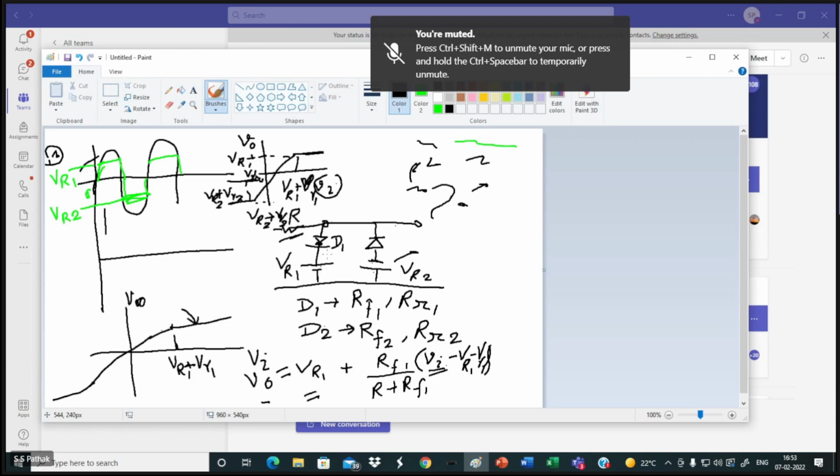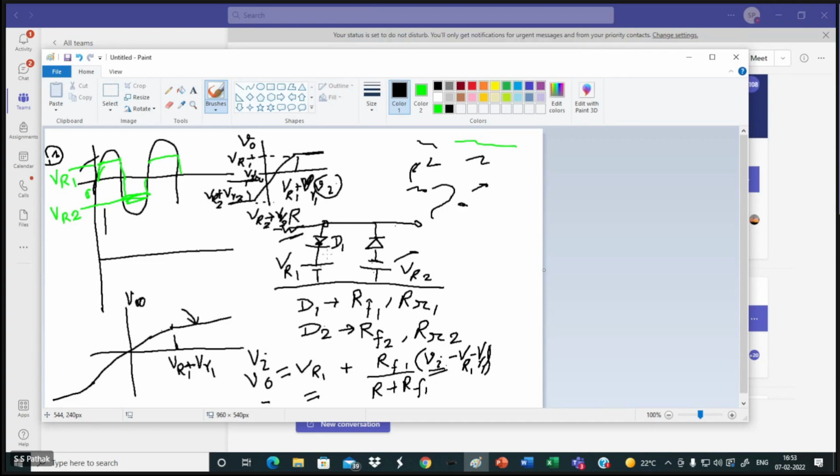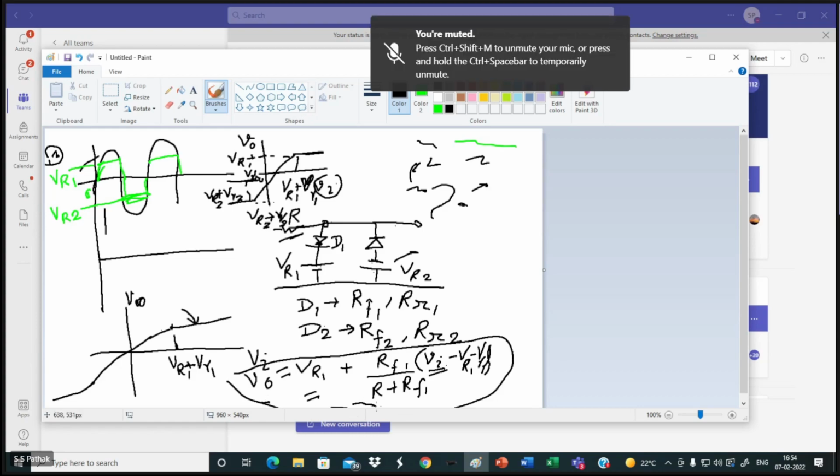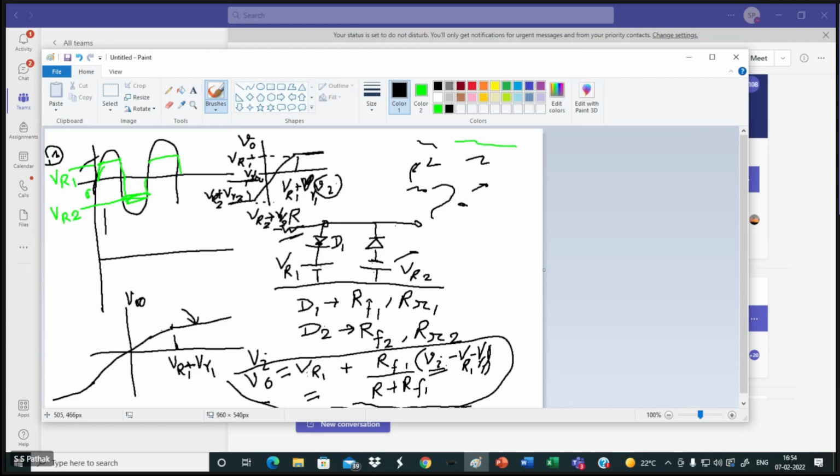You will be able to try during your homework or something like that. I have given the expression here. V naught equal to VR1 plus this thing. Approximately it will be equal to VR1.